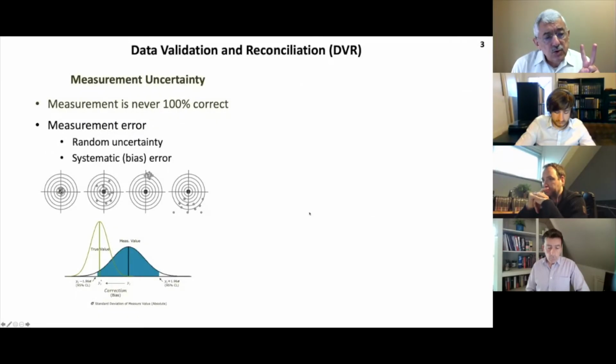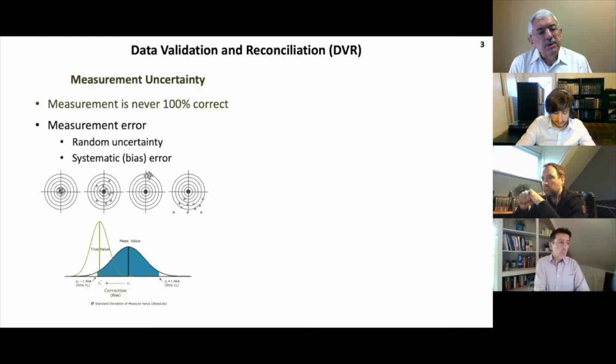DVR relies on two main things: the fact that we all acknowledge that measurement is not 100% correct. So there's always a margin of measurement within the 95% confidence level. But to the extent that the data is still reading the true value within that range, that's fine. So we don't have bias. But then there's also the possibility that measurement could be reading other values than the true value, and that we then introduce systematic bias.